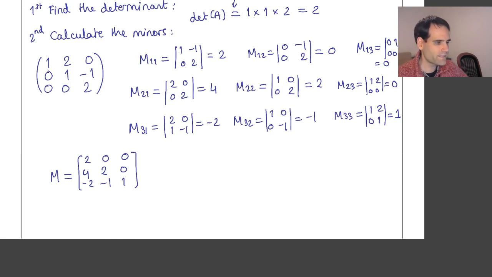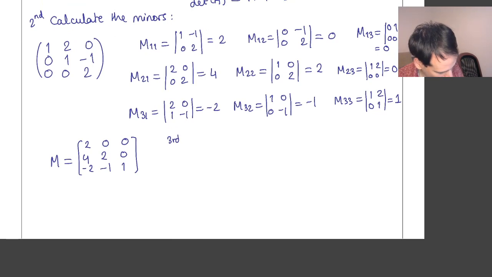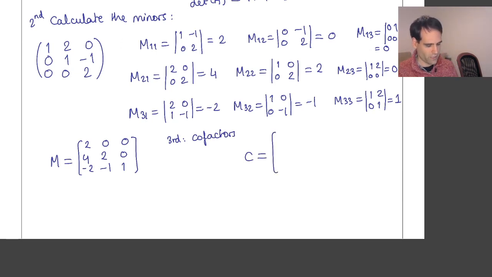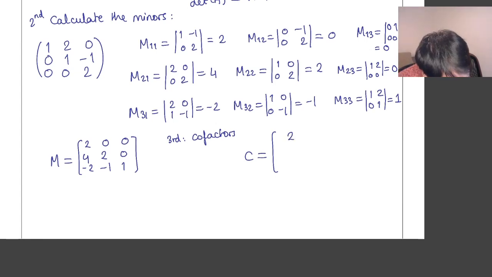Next, we calculate the matrix of the cofactors. And remember, the matrix of the cofactors was simply equal to the matrix of the minors, but changing the signs in a chessboard-like pattern. So let's start. Let me copy the minors here.